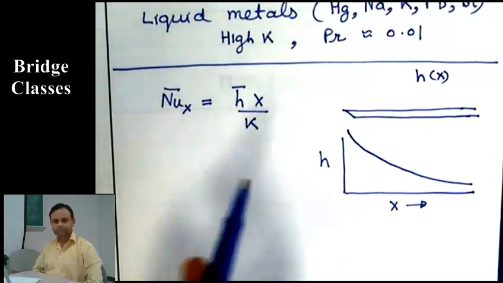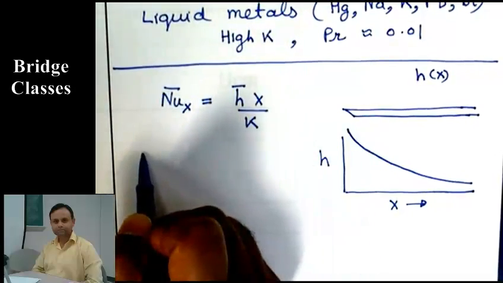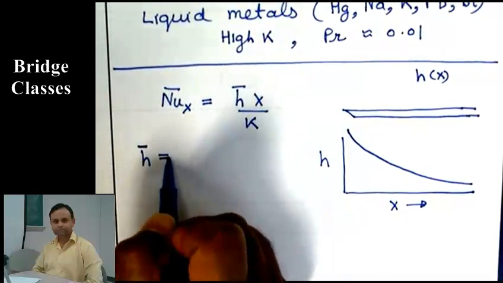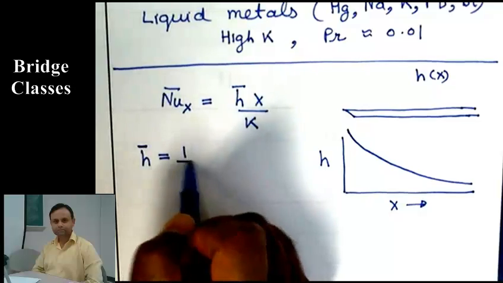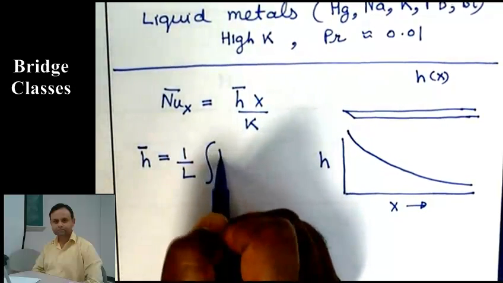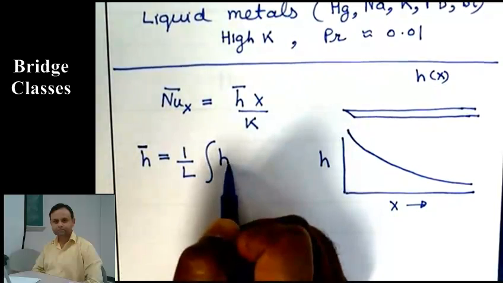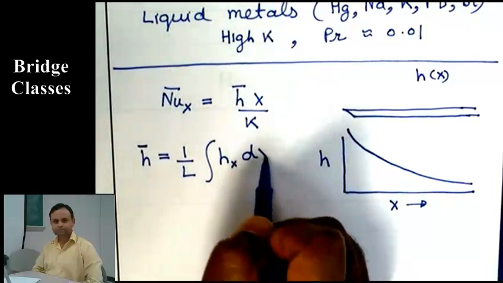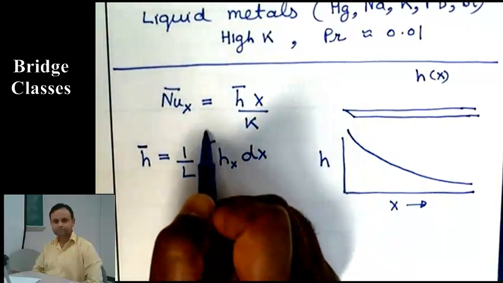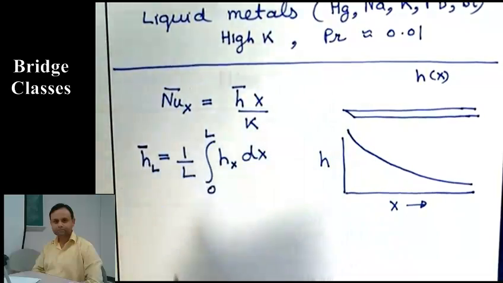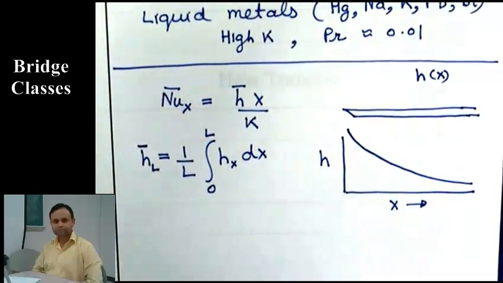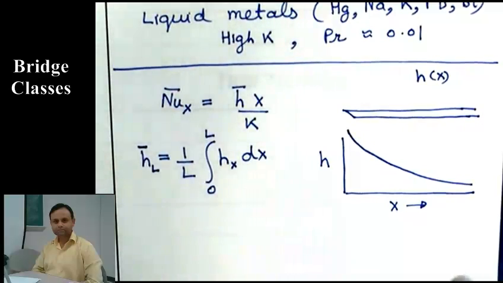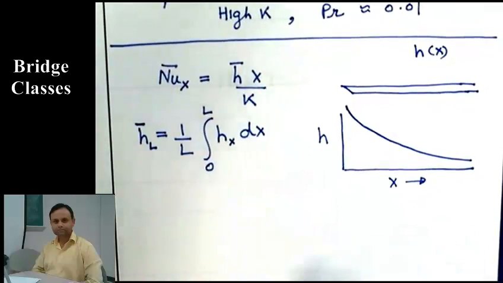You can do a very simple integration. This h bar for a flat plate will be just 1 over L times the integral of the local hx, or you just write h dx, as x goes from 0 to L. This is the average convection coefficient up to distance L. You can do that and then find this average Nusselt number.